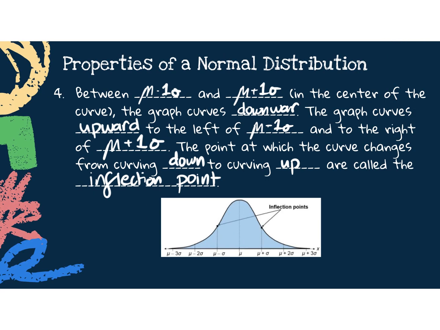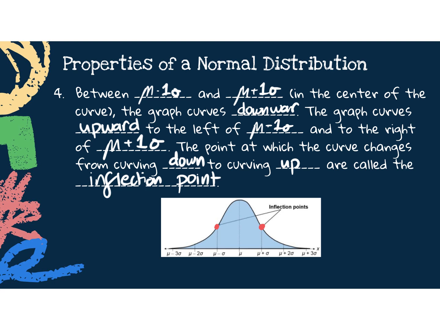Properties of a normal distribution. This last property is a lot of words, but we're really just focused on what these inflection points are. Between mu minus 1 sigma, right here, and mu plus 1 sigma, right there, in the center of the graph, it curves downwards.